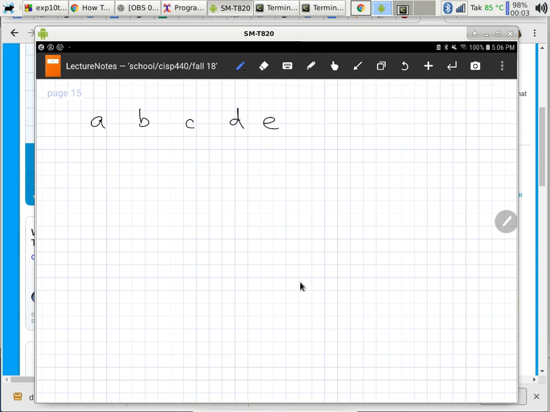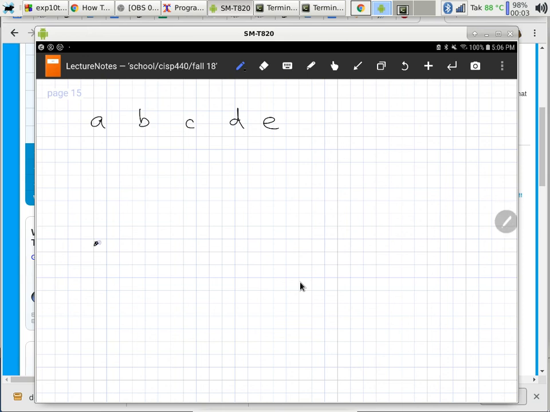How many ways can I order these? How many ways can I reorder these things so they look different? That becomes the next question. You got 5 things. We just want to shuffle these 5 things so the ordering is different. Well, don't you think we have seen this problem before?